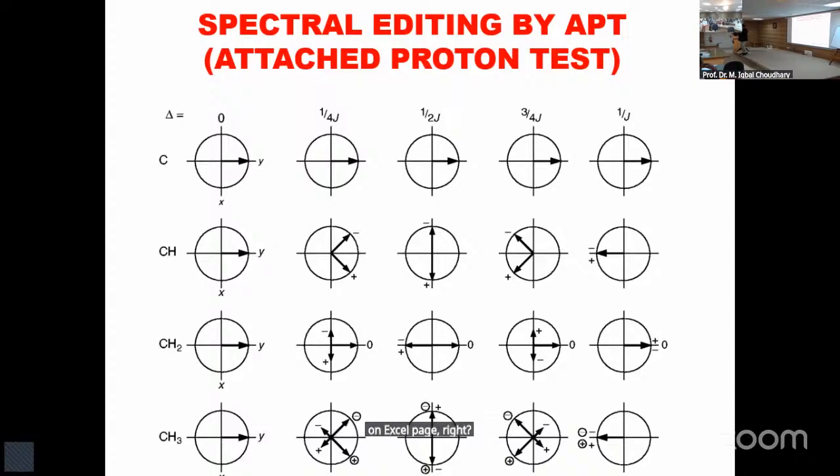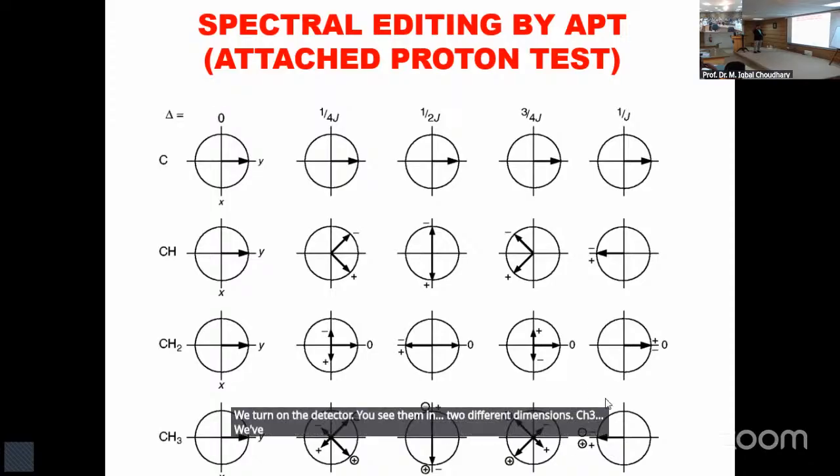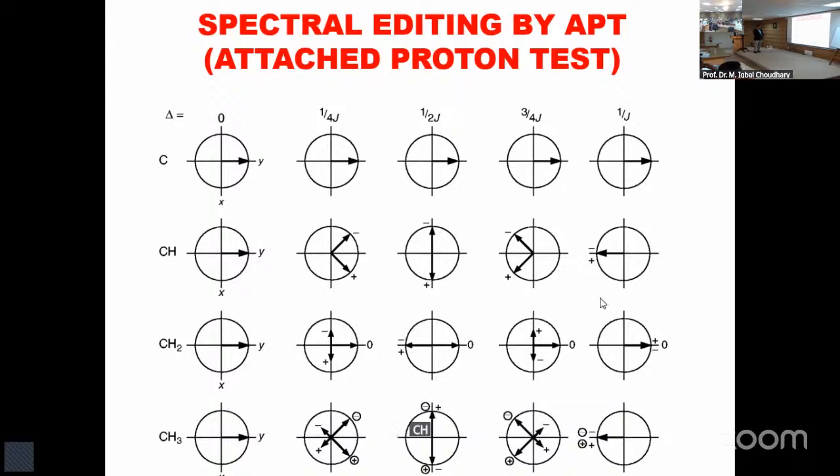And after some time, when you capture the picture, you turn on the detector, you see them in different conditions. CH3, because of a faster Larmor frequency, has completed 1.5 circle. CH2 has completed 1 circle, came back here. CH completed only half circle, and quaternary carbon is at 0 anyway.